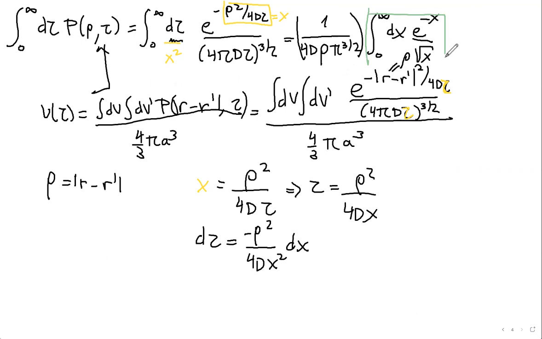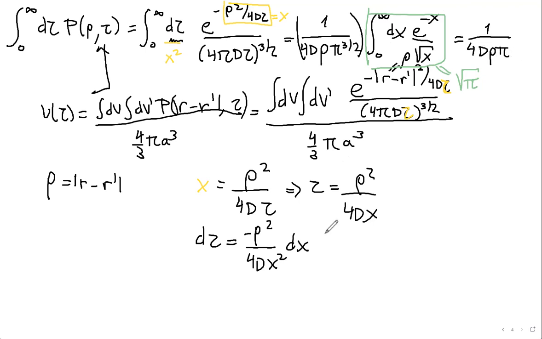This integral is just square root of pi. This is a gamma function at 1/2. Okay, a square root of pi. So here there is pi to the 3/2. So it's pi to the 1/2 divided by pi to the 3/2, which is pi to the 1. So all this integral becomes just 1 divided by 4d rho pi.